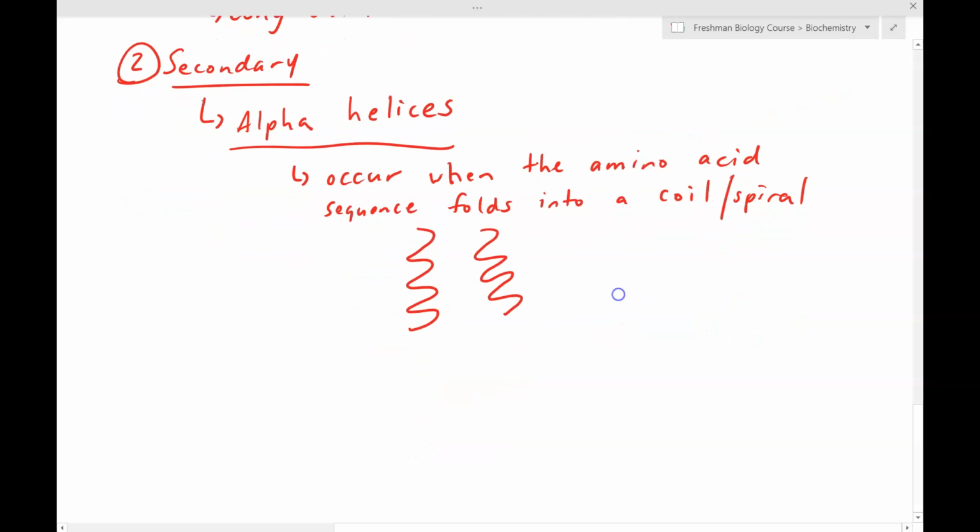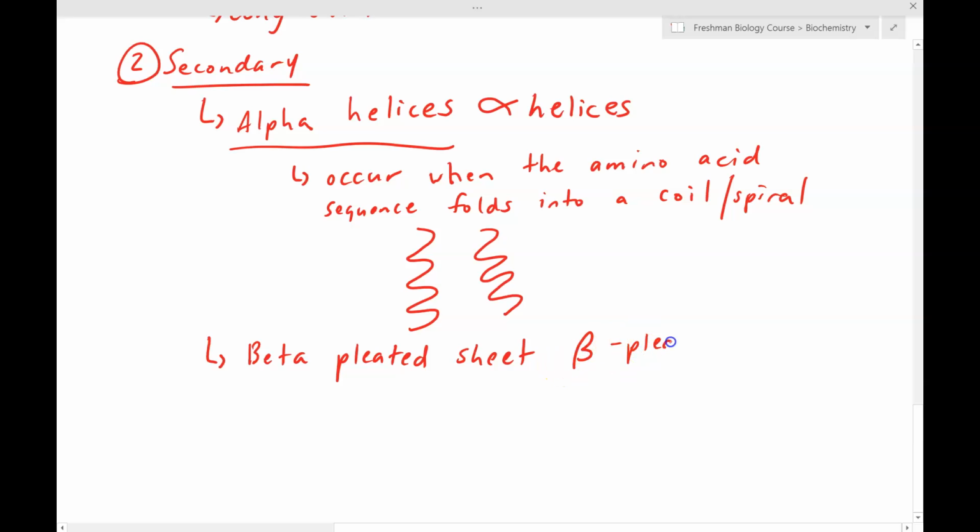And then my second example here is going to be what we call a beta pleated sheet. So shorthand here, this would be the alpha helix or alpha helices, and then here we're going to have a beta pleated sheet, which is just going to be a flatter protein structure. We can write that like this, beta pleated.